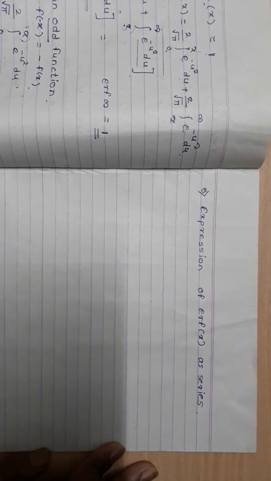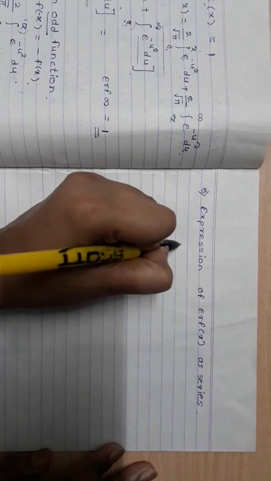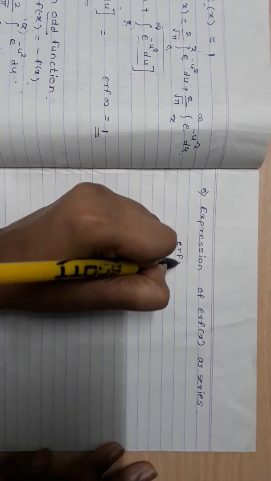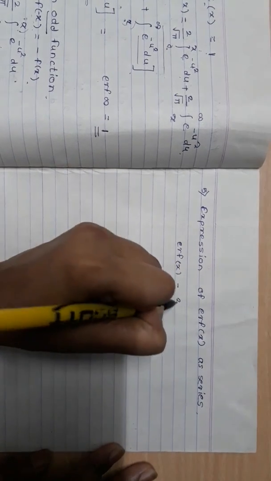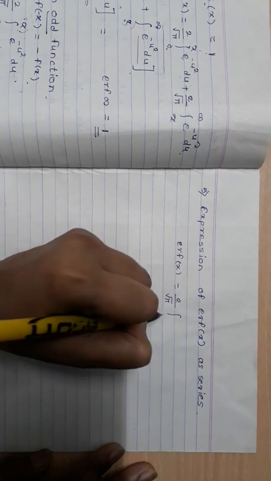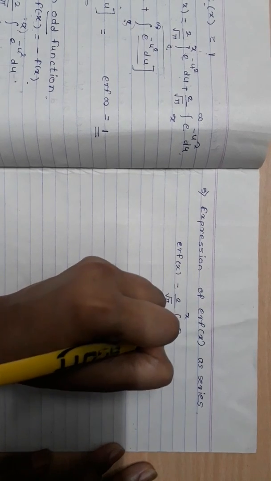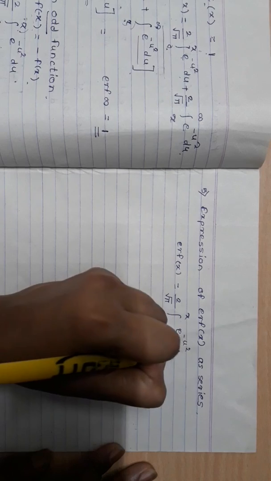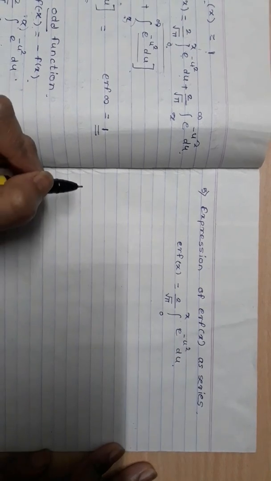How to express it? Let's start with the definition of error function. Error function of x is 2 upon root pi, integral 0 to x of e raised to minus u square du, right?